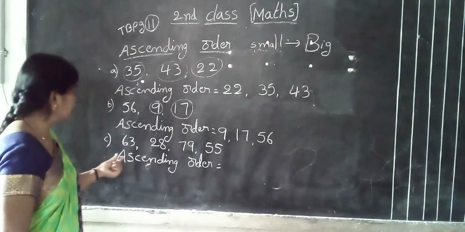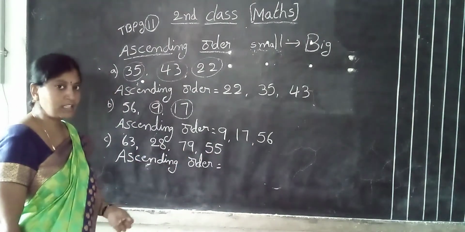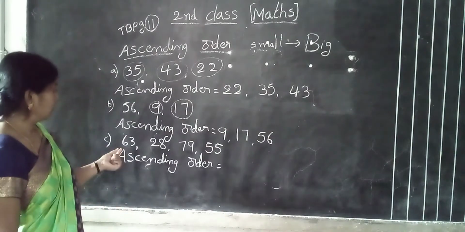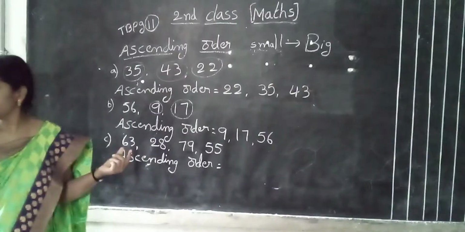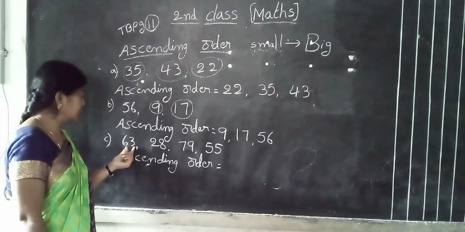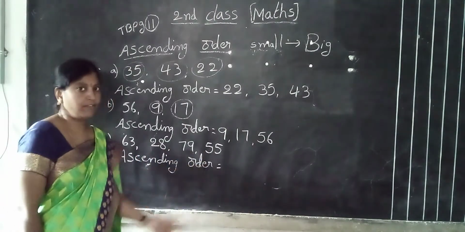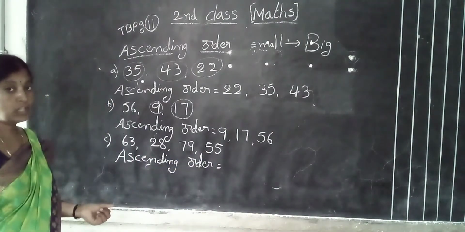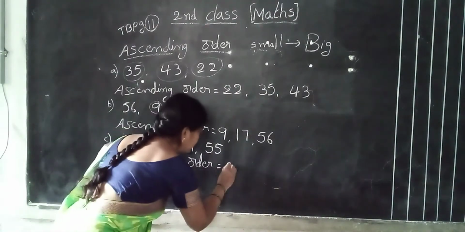Like this, in these numbers, which one is the smallest number? ఈ numbers లో ఏ number smallest number? 63, 28, 79, 55. వీటిలో ఏది smallest number? 28 is the smallest number.